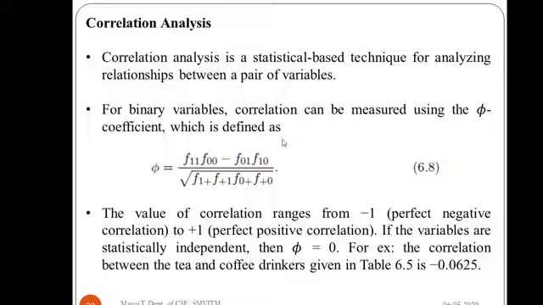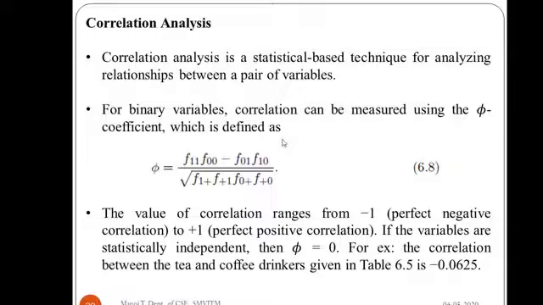What do we mean by correlation analysis? It is a simple statistical technique for analyzing the relationship between a pair of variables. If it is a continuous variable, then we go for Pearson's coefficient, which we saw in module 1.